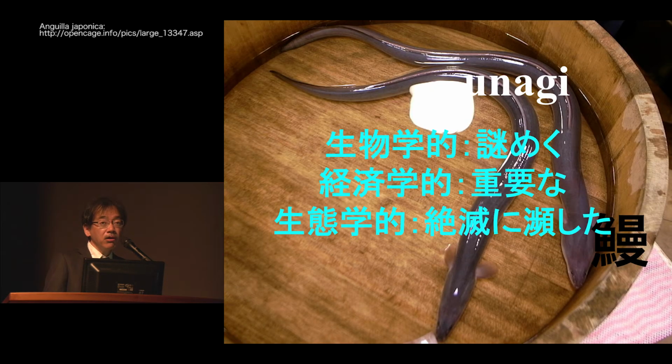And we really hope that our studies on Unagi protein will contribute to the preservation of this biologically mysterious, economically significant and ecologically threatened fish species, unagi, in the future.